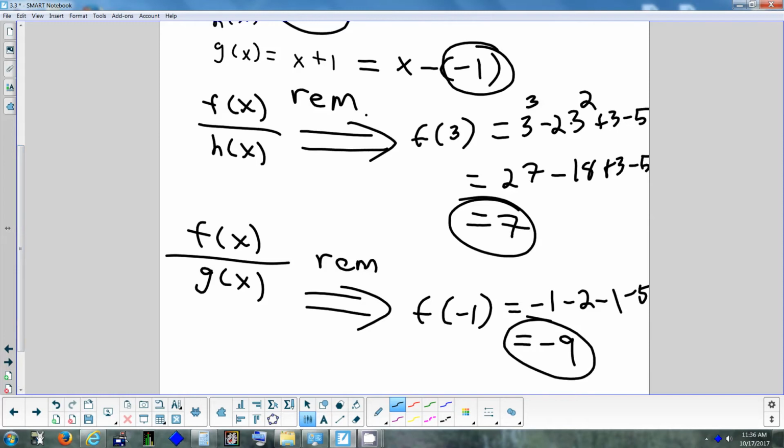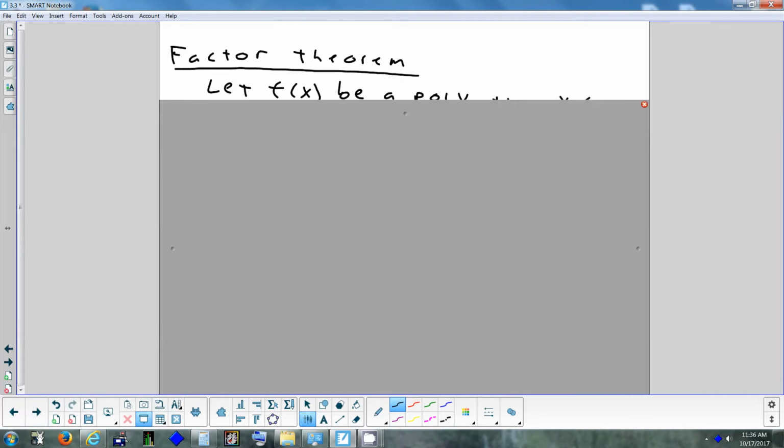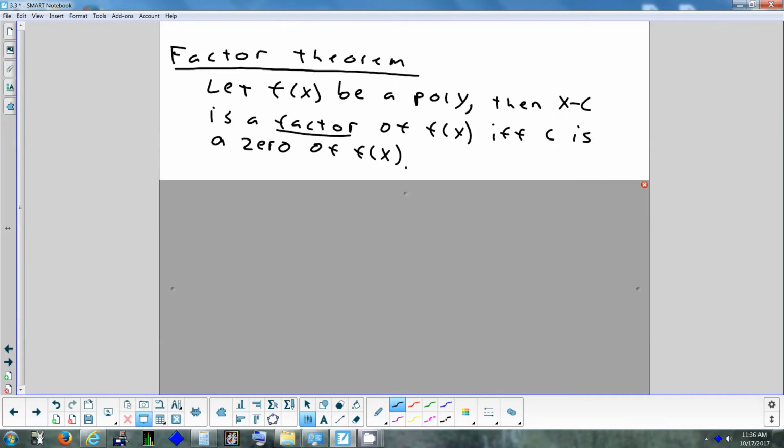Okay, and that's called the remainder theorem. Okay, and the factor theorem. It's pretty much the same idea that we just went through with the remainder theorem, except it's the remainder theorem when you always get a remainder of 0.